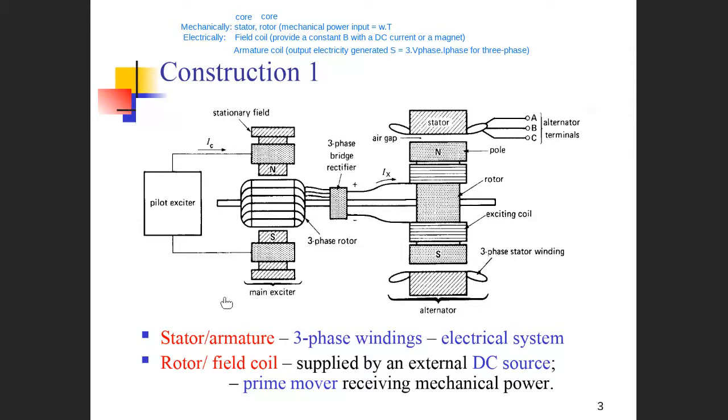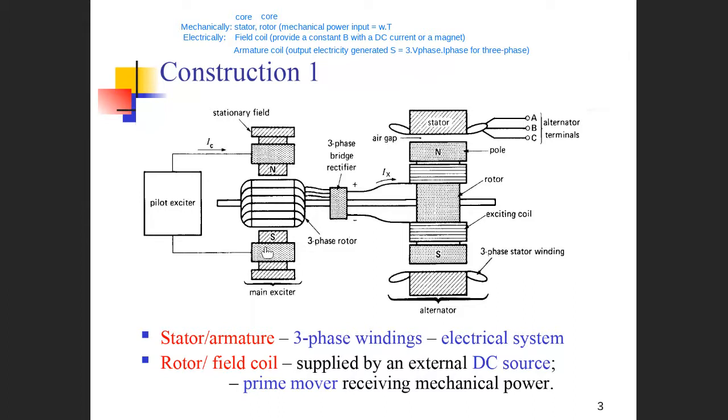Now look at the exciter. The exciter is actually a small generator. There is a stator marked here, a stationary field, which has a north pole and a south pole. How do we produce a north pole and a south pole?